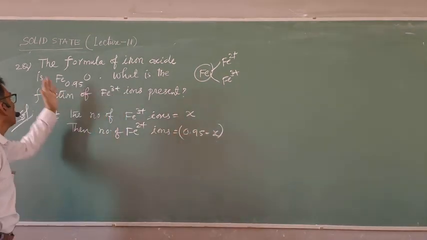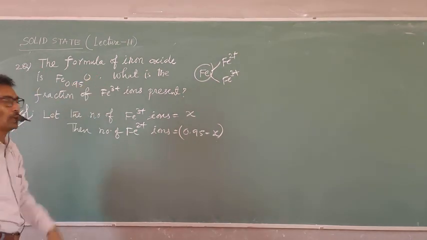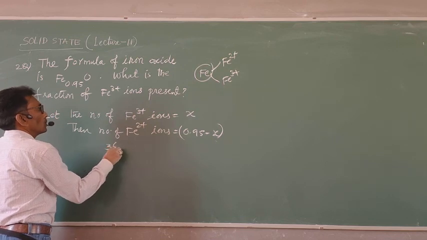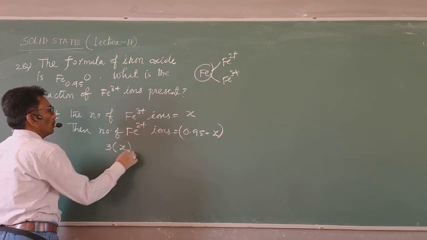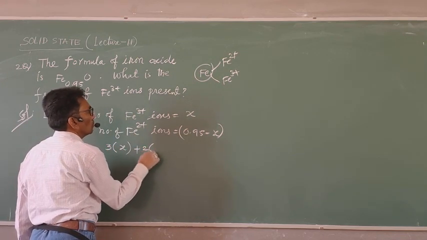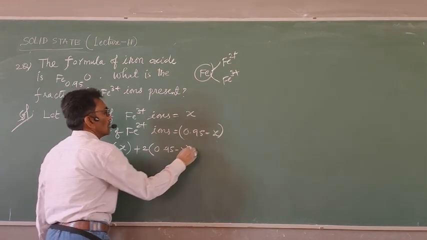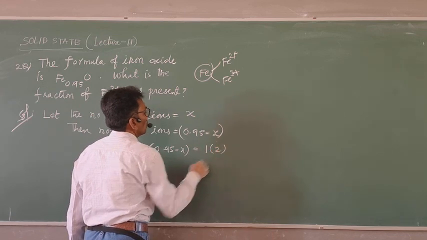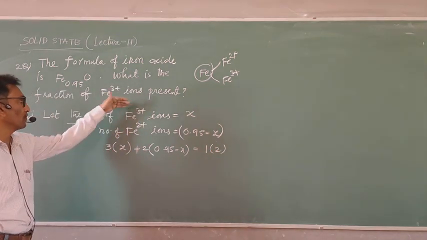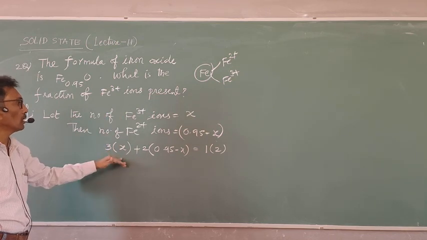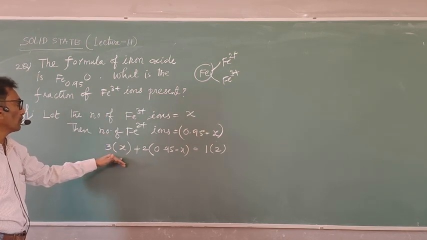Now, total positive charge is equal to total negative charge. Therefore, 3 into x plus 2 into 0.95 minus x is equal to 1 into 2. This 3 is the charge of Fe3+ ions into the number of Fe3+ ions.